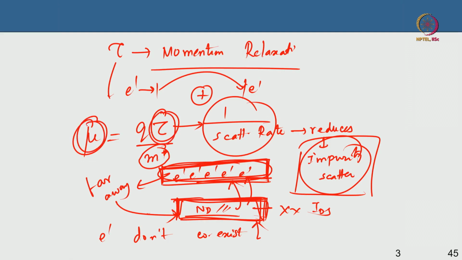This is the reason why the high electron mobility transistor, or modulation doped transistor, precisely does this: increasing the momentum relaxation time by reducing the impurity scattering, by keeping the electrons away from the donor ions.